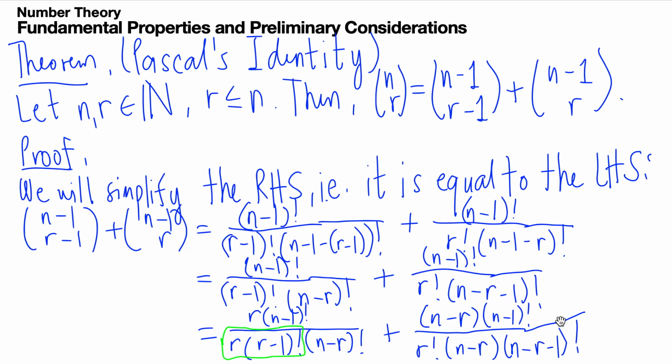Likewise here, notice that this one can also be merged, because we have n minus r minus 1 factorial. The next terms there are n minus r minus 2, n minus r minus 3, and so on. So if we're going to add up n minus r in the first part, so we haven't decreased by 1 yet. So this becomes n minus r times n minus r minus 1 times n minus r minus 2. So we're just going to stick it here so that n minus r can be made as a factorial notation.